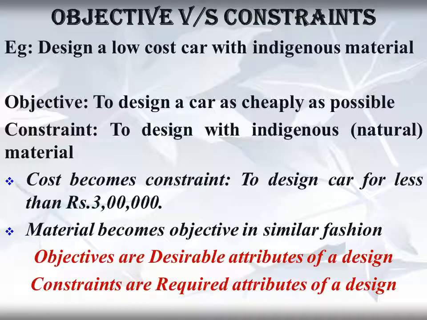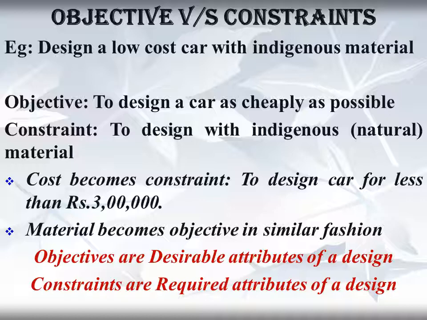Objective versus constraint. First of all, what is the difference between an objective and a constraint? For example, design a low-cost car with indigenous material. In this, the objective is to design a car as cheaply as possible, and the constraint is to design with indigenous or natural material.